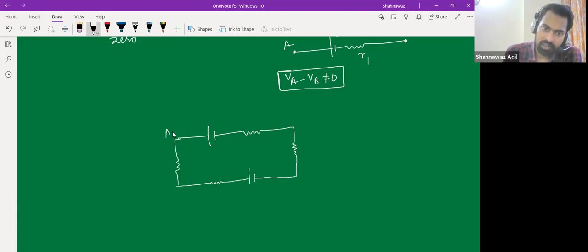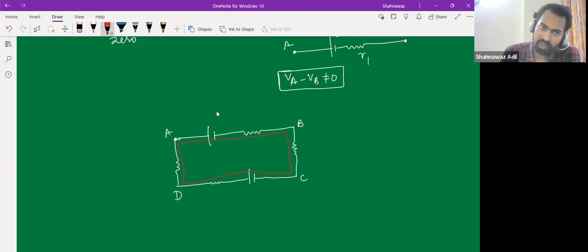Let's say this is point A, this is B, this is C, and this is D. If I start from A, go to B, then C, then D, and then come back to A, how much would the potential difference be?